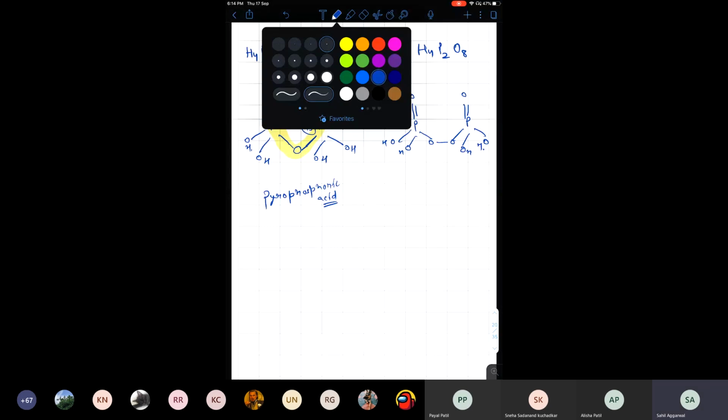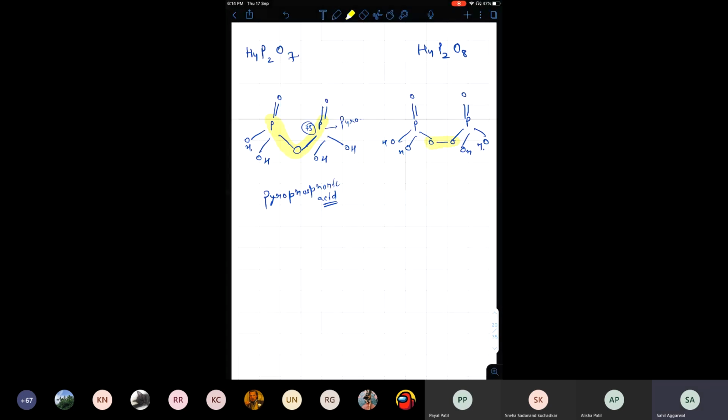This linkage is called peroxo linkage. So it is called peroxophosphoric acid. Understood.